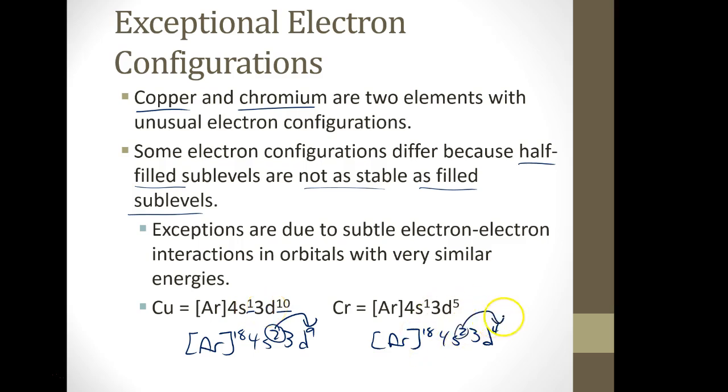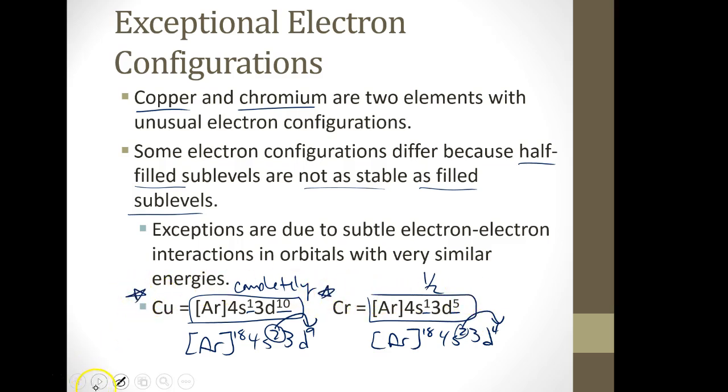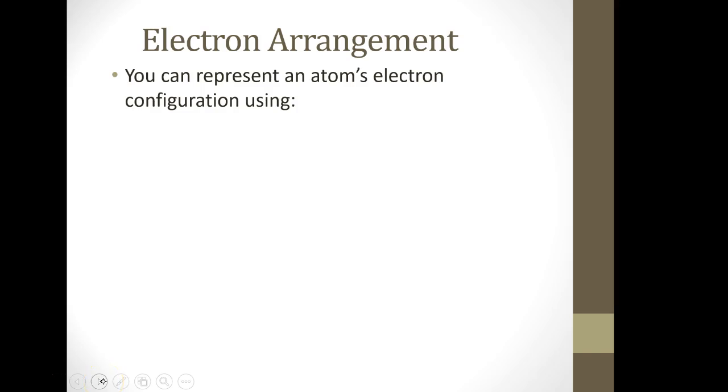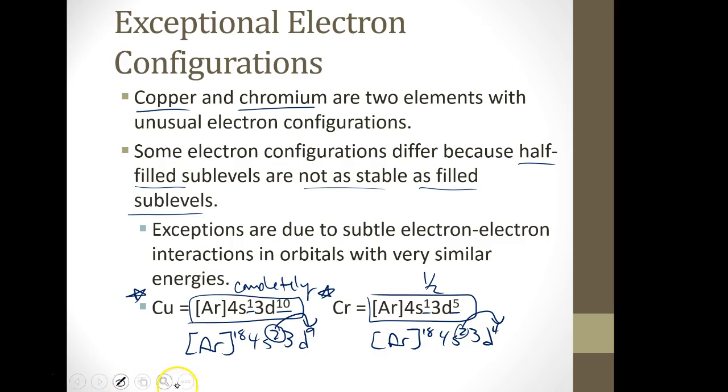One of those electrons pops up, makes it 3d5 and 4s1, so that these are half-filled or completely filled. And supposedly it is more stable. That at least was the logic that I heard when I was in college. And so my guess would be you should probably just memorize these as exceptions. If you want to put little stars next to them on your periodic table, hope you know or will remember what that means. Okay? So I'm going to stop there and we'll talk about orbital notation next.